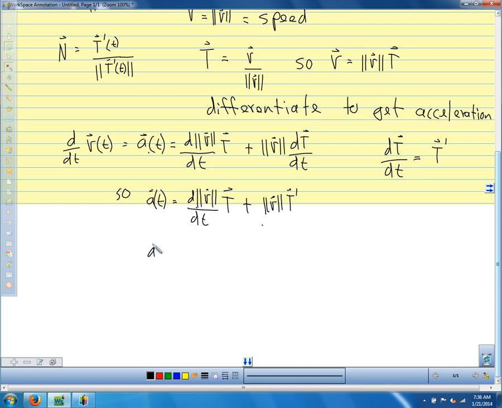So I'm going to get my acceleration vector is the rate of change of the magnitude of v with respect to time times our unit tangent vector plus the magnitude of v times T prime, and then I'm going to multiply by the quantity magnitude of T prime over the magnitude of T prime.